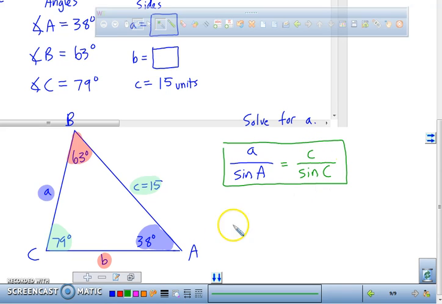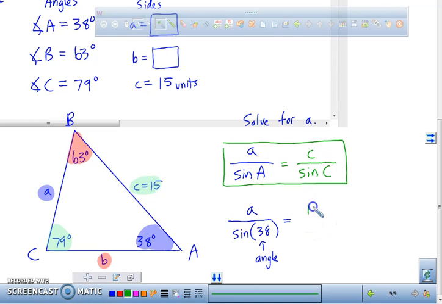Then we're going to plug in the information that we have. We don't have lowercase a, but we do have capital A. What is capital A equal to? So we're going to write 38. Just remember that 38 degrees represents the measure of the angle. Equals. We won't worry about the decimal just yet. Okay. All right, what is lowercase c equal to? 15.